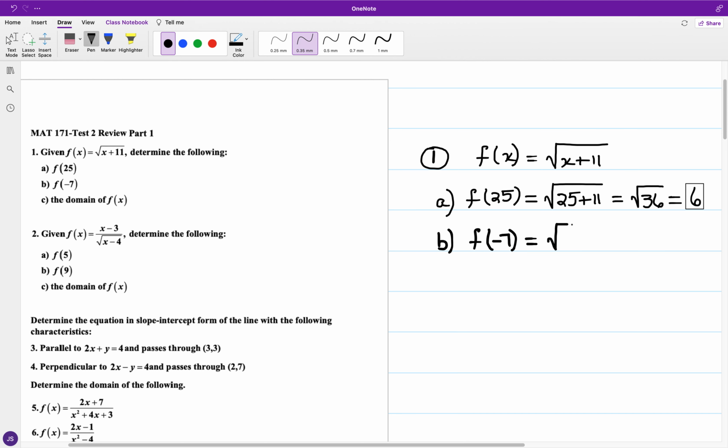For the function value, we're looking at the square root of negative 7 plus 11. Negative 7 plus 11 is 4, and the square root of 4 is 2.